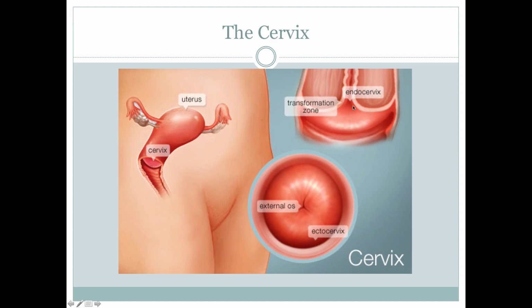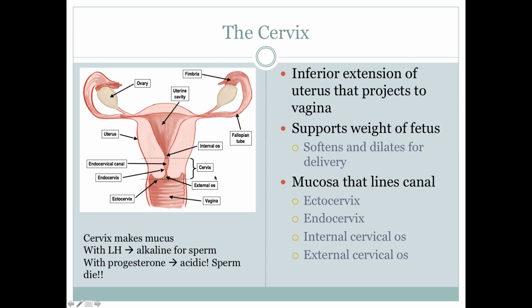So there is an innermost area, the endocervix, there's an exocervix on the outside, and then this little piece in here is called the os. So there's an internal and external os. And you can see that here, internal os, external os, uterine cavity, endocervical canal. So the cervix makes mucus, and that's one of the most important things that it does, promise.